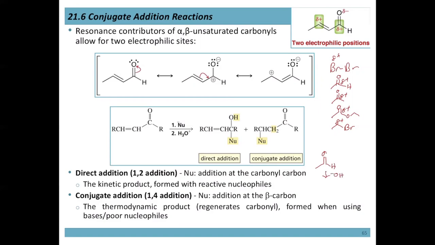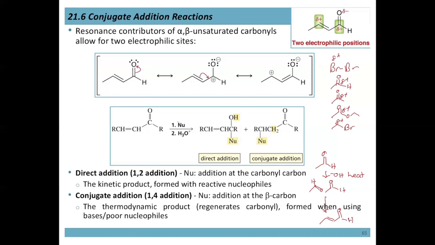If I take OH minus and some heat, then the product that I get, remember we can have the trick where we dehydrate at the alpha position, and ultimately what we end up with is this alpha beta unsaturated carbonyl.